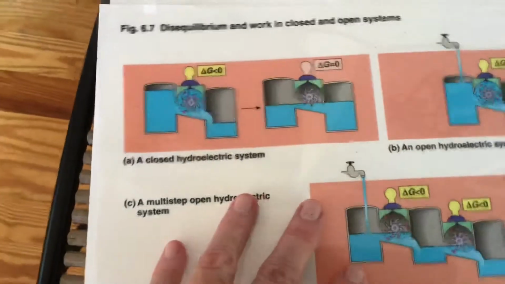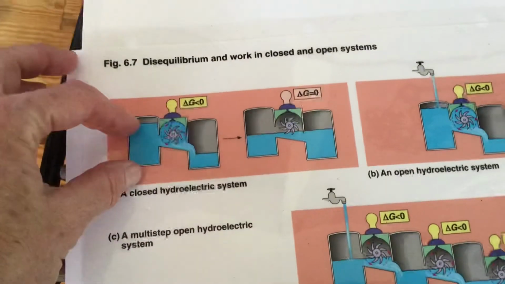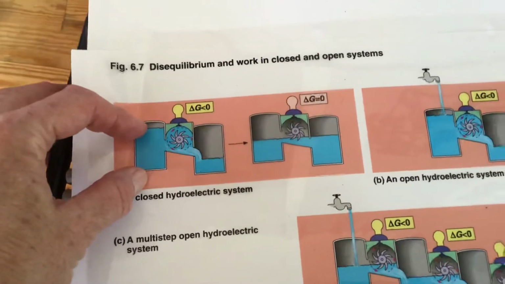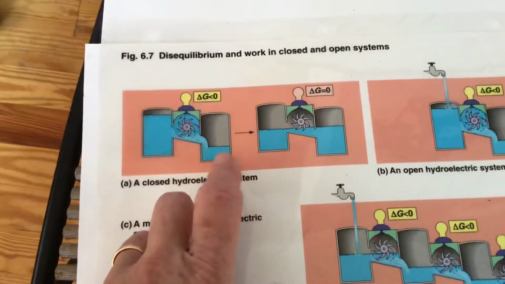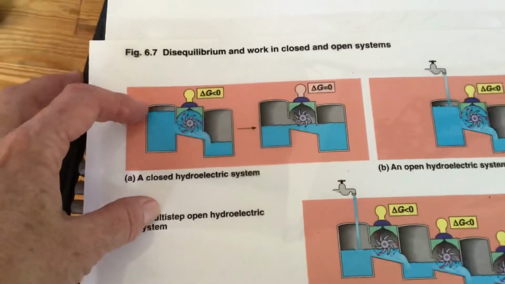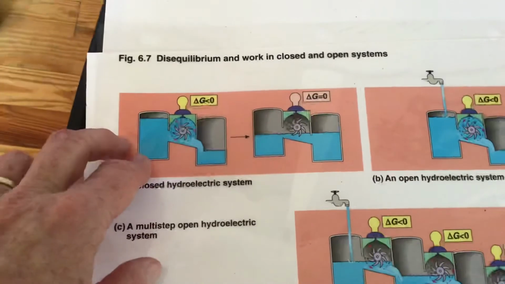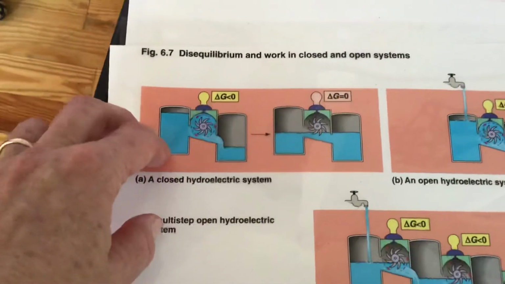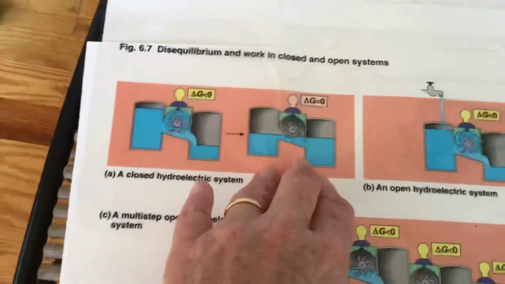Now, another concept goes along with this. If I was just looking at this system here, this is a system where I have water, and on this side I have potential, and over here I have less potential. As I allow this system to flow, the water will tend to flow downhill spontaneously, and as it flows, it will eventually, in this system, reach equilibrium.